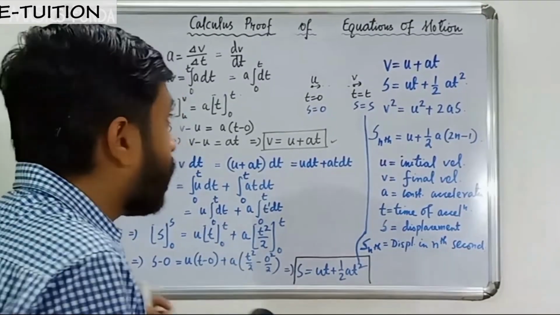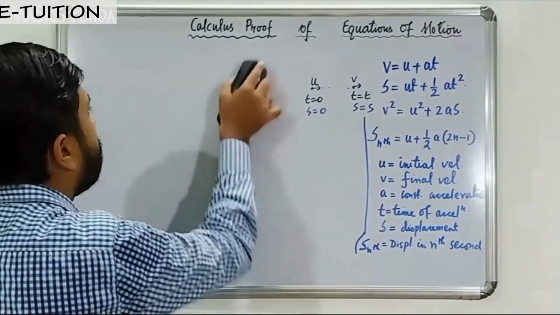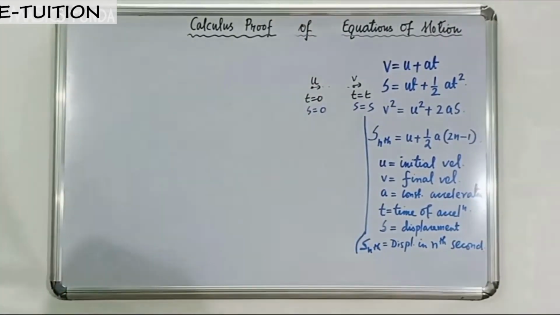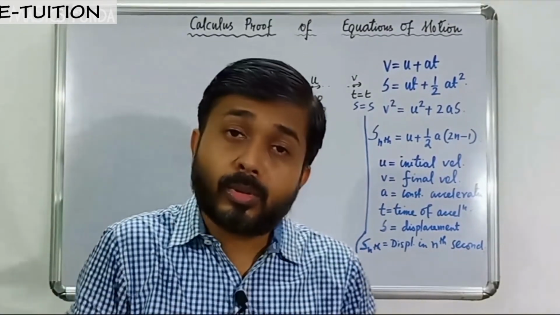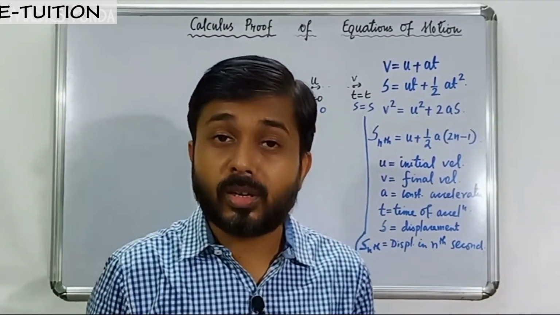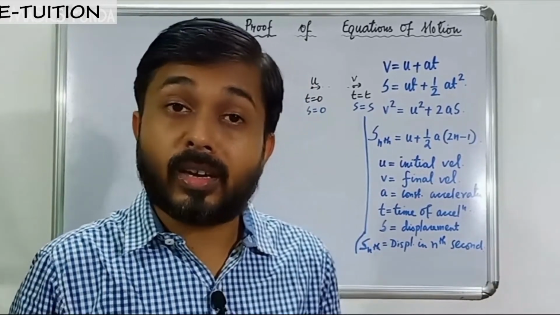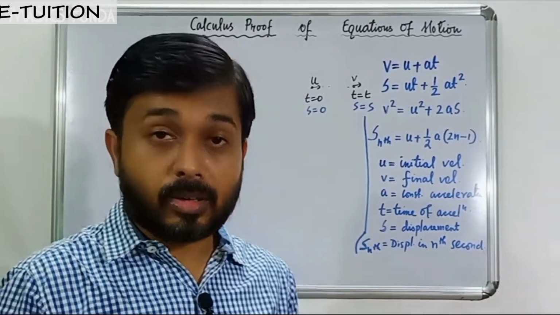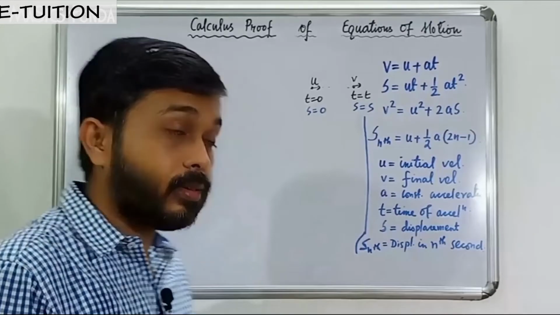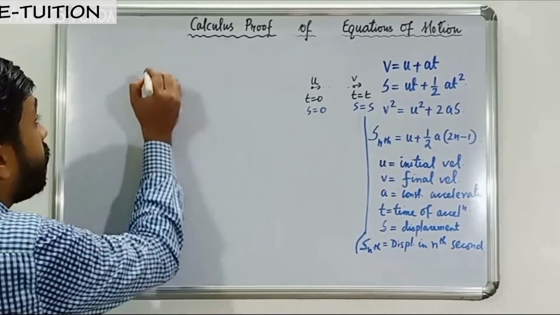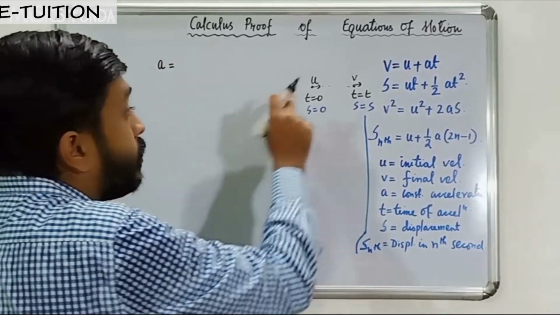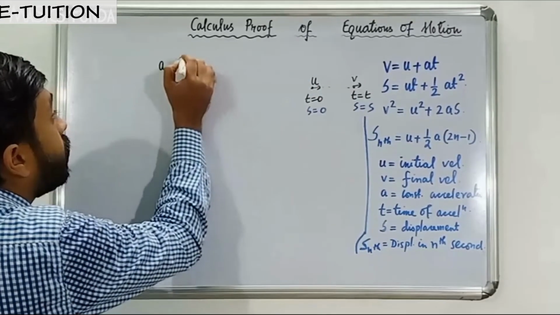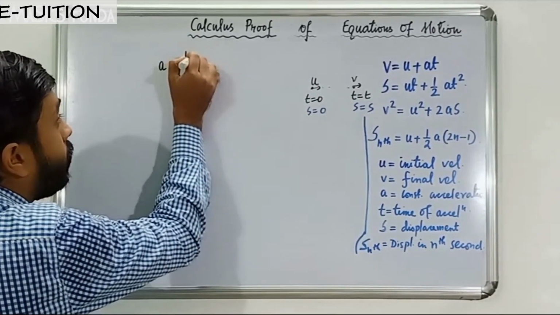Now I am rubbing the board out. So now, in order to prove the third equation of motion, we need to start once again with the definition of acceleration, but in a different way. The definition of acceleration, as I had started to prove the first equation of motion, was a equal to dv dt.